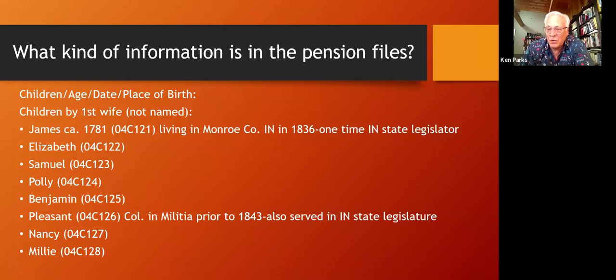Obviously, you might want to go looking for information of their service in the state legislature. All of this kind of information can lead you to other stuff. That's the point of all of this.